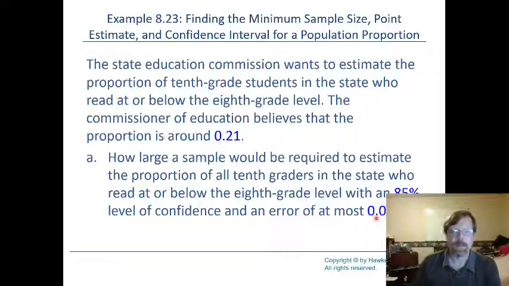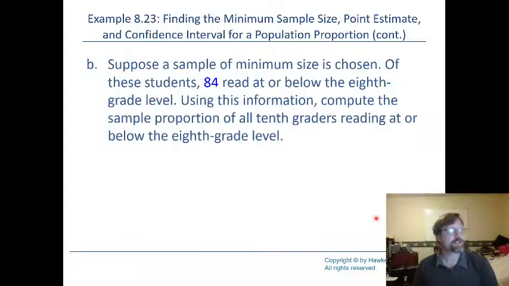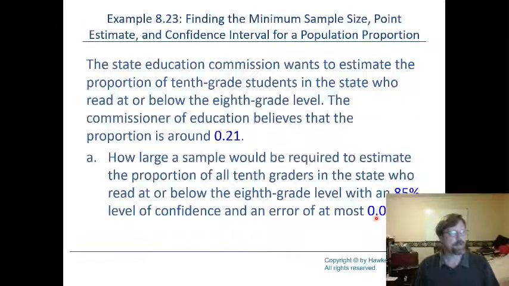Next part of the question. After they've chosen their minimum sample size, they find that 84 read at or below the 8th grade level. Using that information, find the sample proportion based on that. So, part A, calculate the minimum sample size.